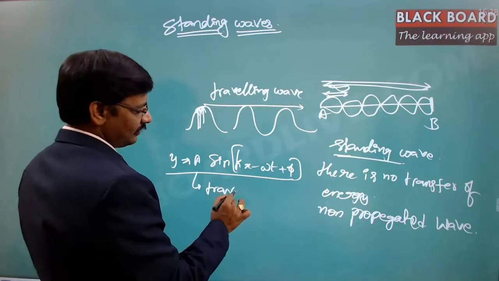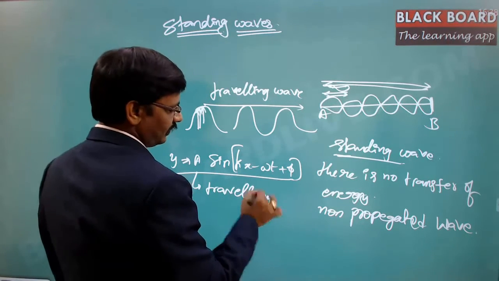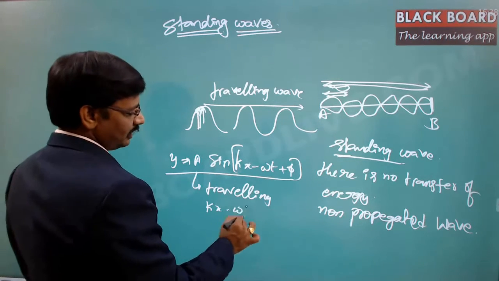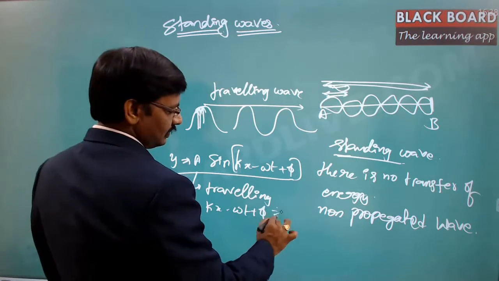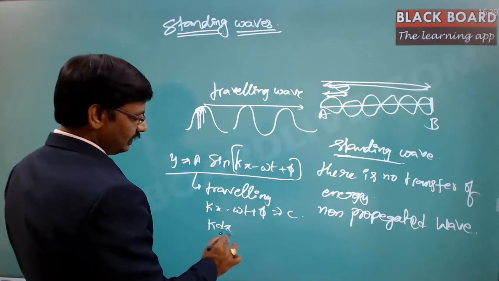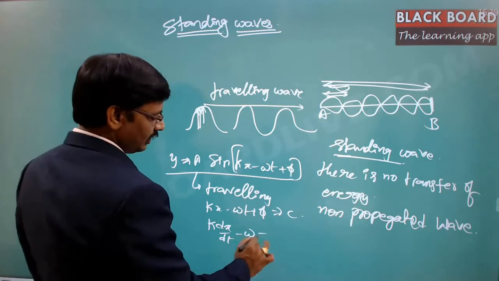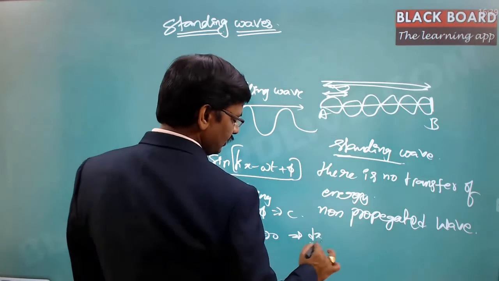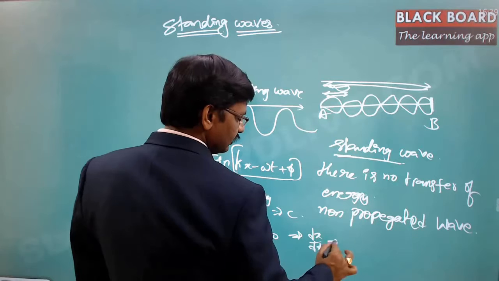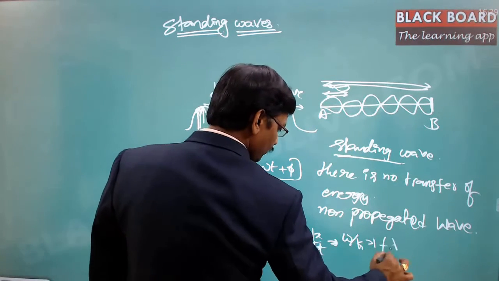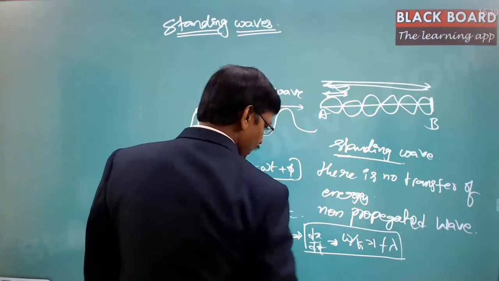For the velocity of the wave energy, we made kx minus omega t plus phi equal to a constant. Hence k dx/dt minus omega equals 0. From this we derived that the velocity of the wave, dx/dt, is equal to omega by k, which is f lambda. And we have derived it.